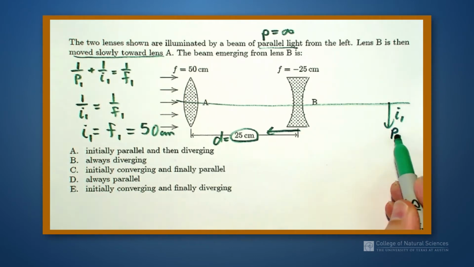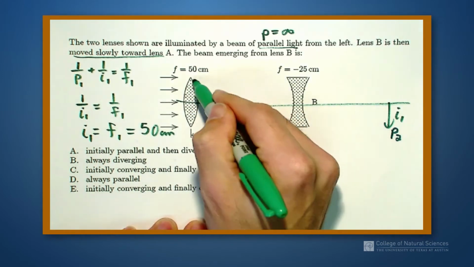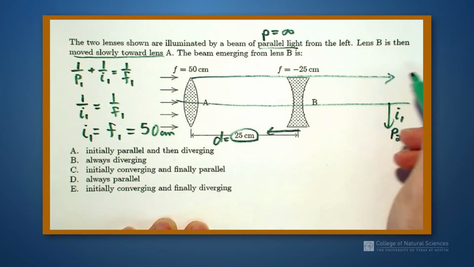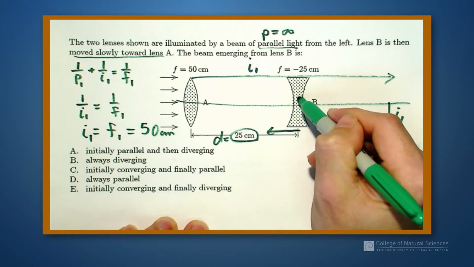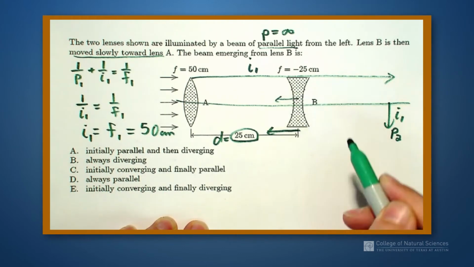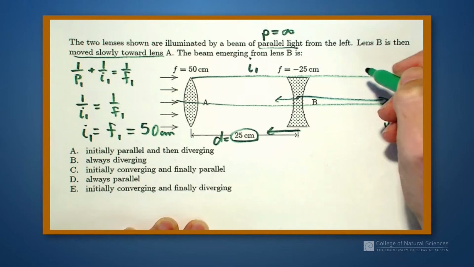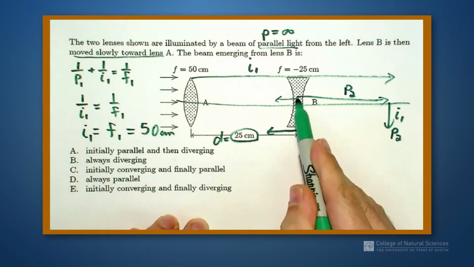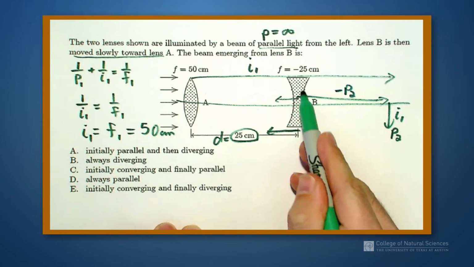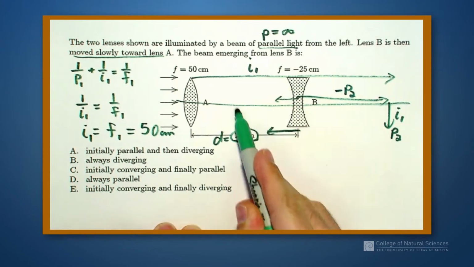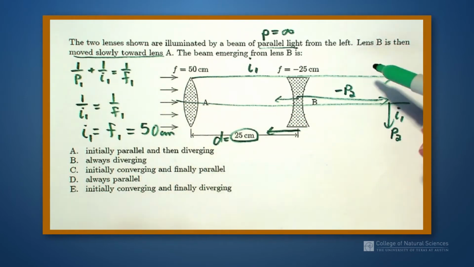So they're going to be at the same location, but I'm measuring them different. I measure my first image distance, I1, in that direction, and I know that I normally measure my second image distance from lens 2. I'm going to still measure it from lens 2, but that's going to be my object distance from lens 2. And it's in the minus direction because I know that if I'm on the left side of the lens, it's positive for objects. If I'm on the right side, it's negative.